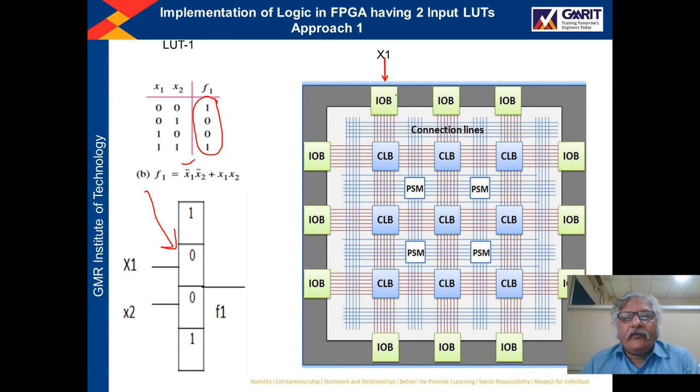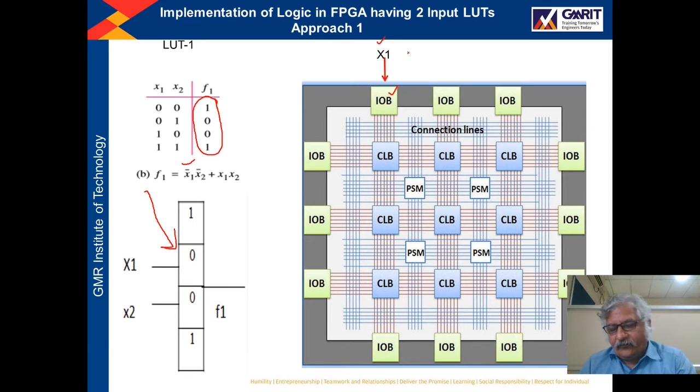Now we have fixed this IOB as one of my inputs, X1. That provision is available while creating the user constraint file.